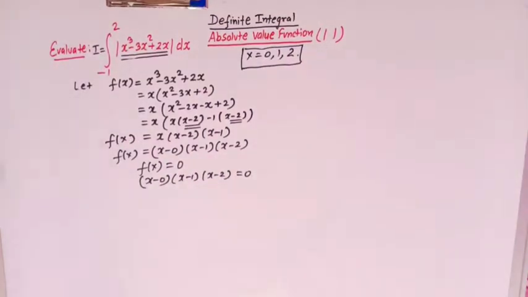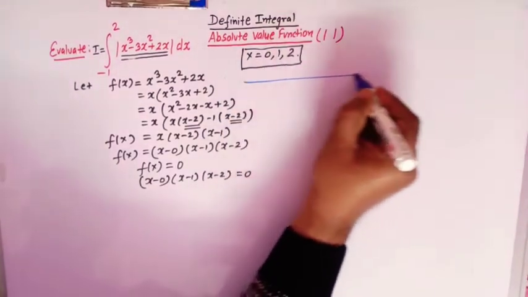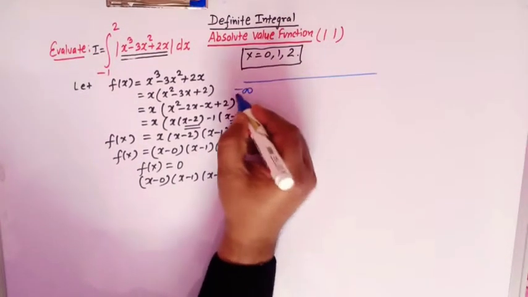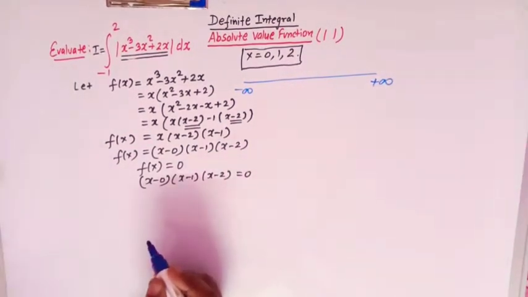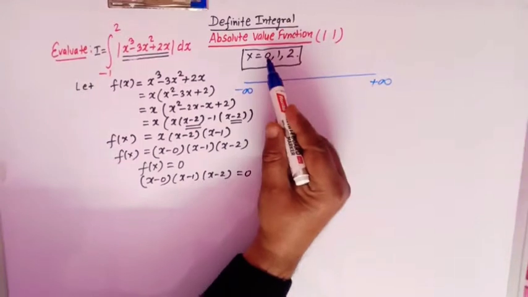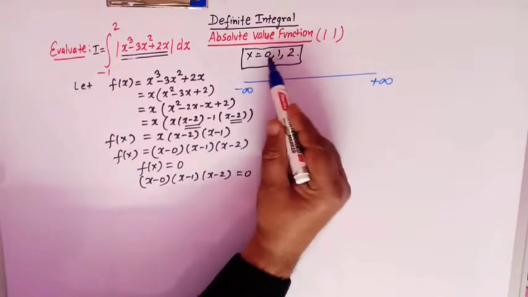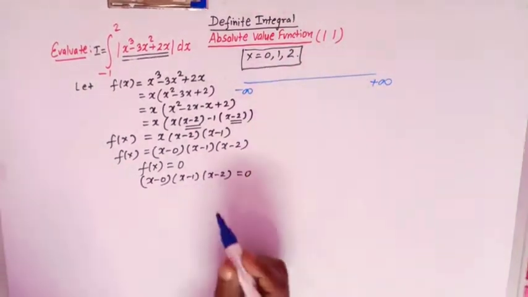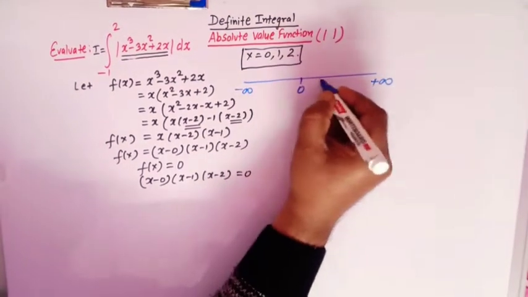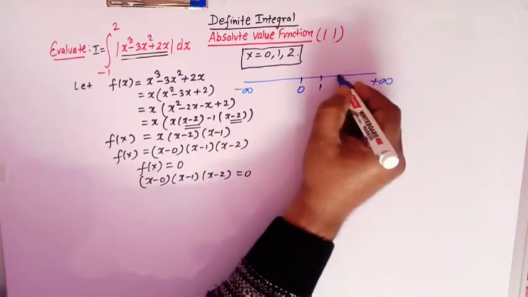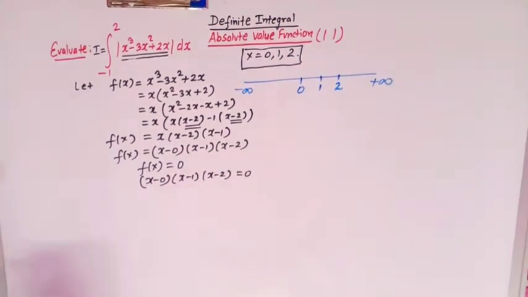Now let us take the real number line, with minus infinity here and plus infinity here. We plot these 3 points on the real number line: here we have 0, 1 lies somewhere here, and 2 lies somewhere here. And now let us take the limits.